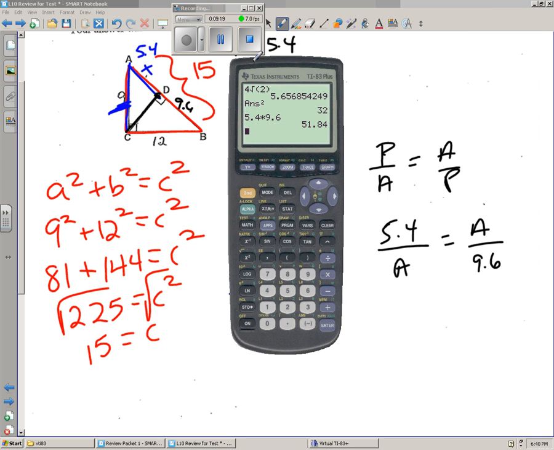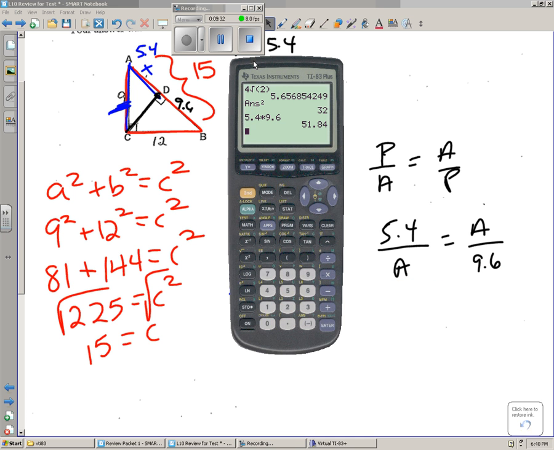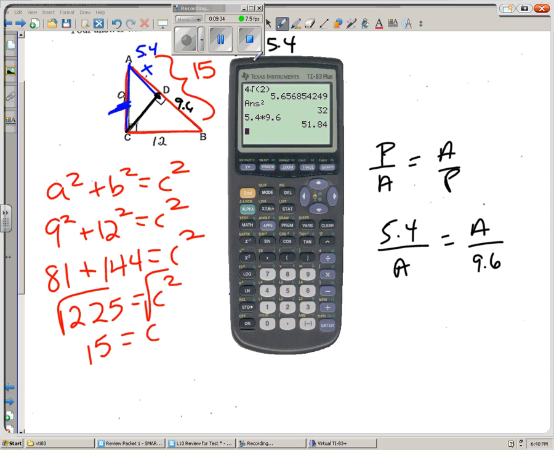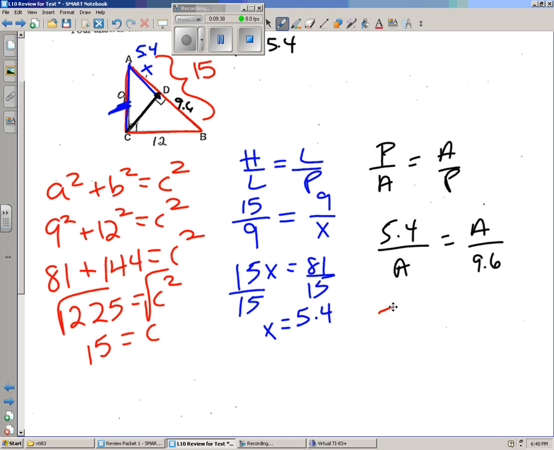So 51.84 is equal to a squared. Taking the square root of 51.84, that is 7.2. So the altitude is 7.2.